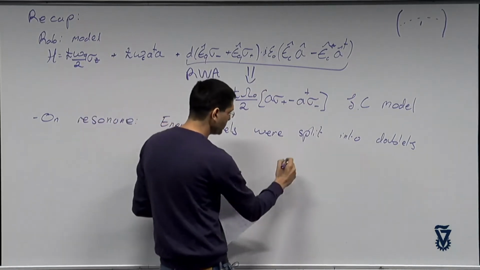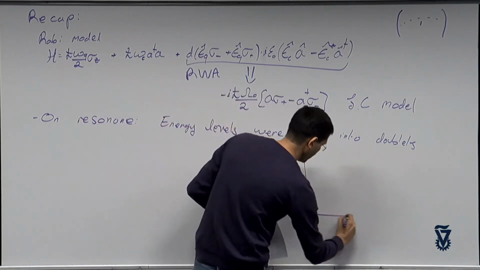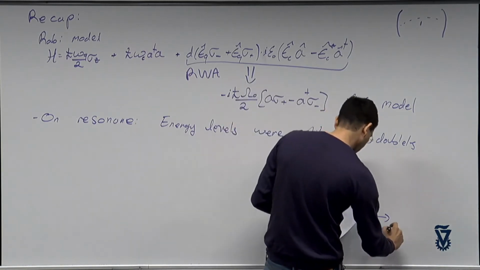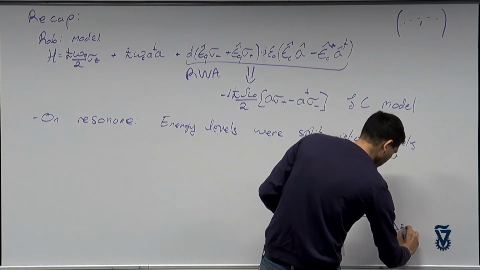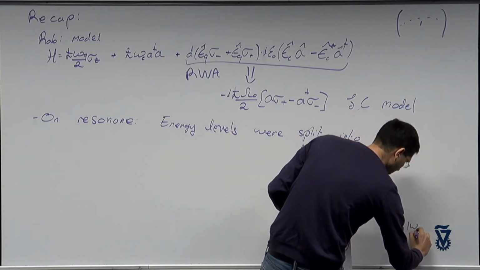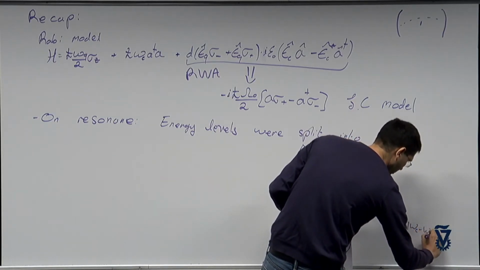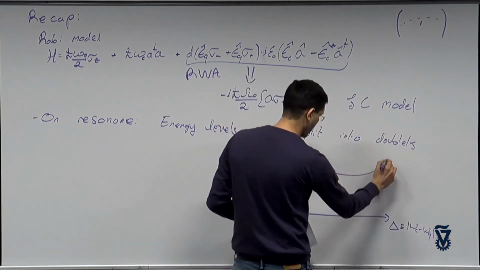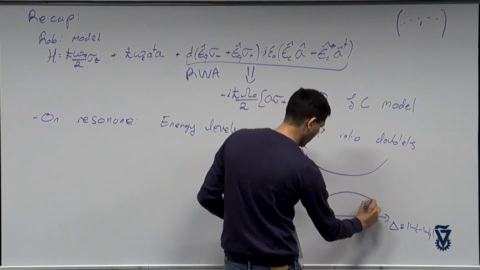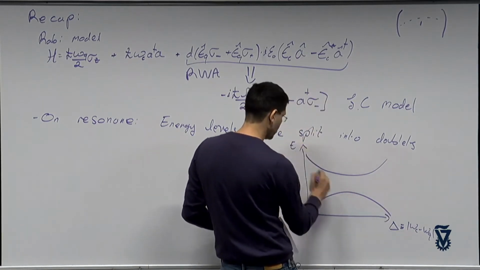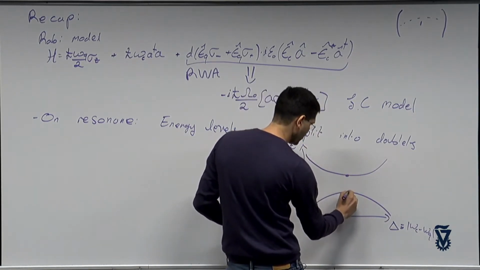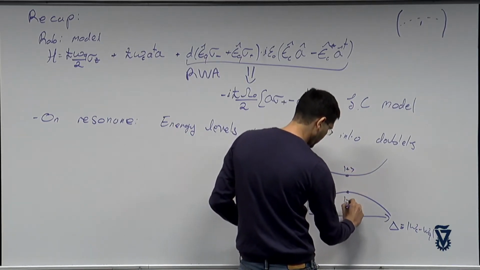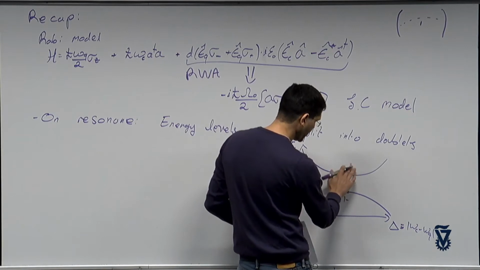So close to resonance, if you look at delta, which we defined as omega c minus omega q, we had this, so this was the energy, and we had these two steady states. This was plus, and we called this minus. And this was true for each n.